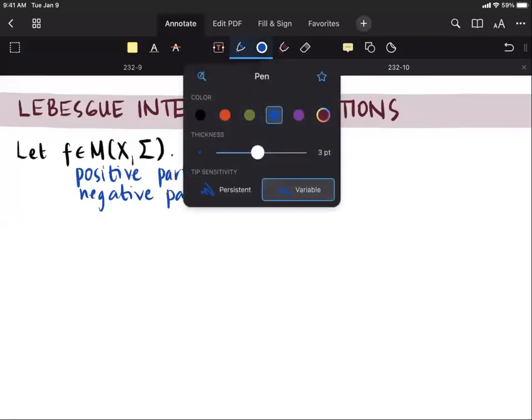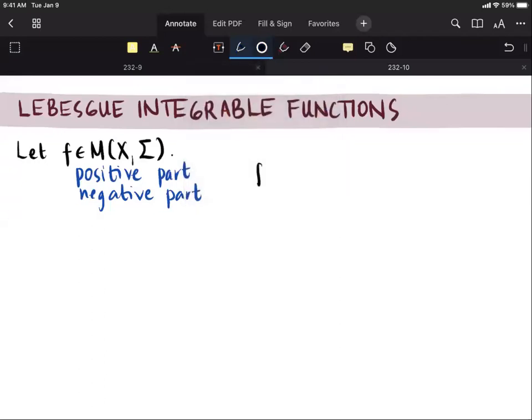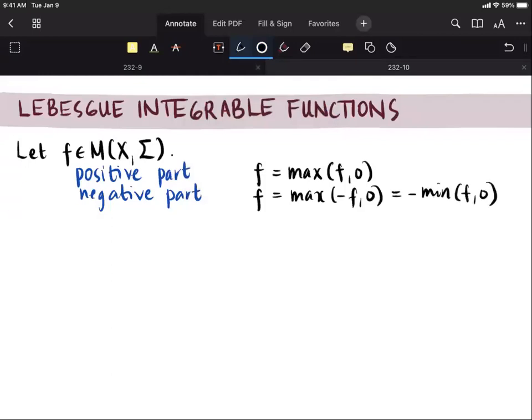The positive part of f is defined to be the max between f and 0, defined pointwise. And the negative part of f is the max of negative f and 0, or equivalently, the negative of the minimum between f and 0.